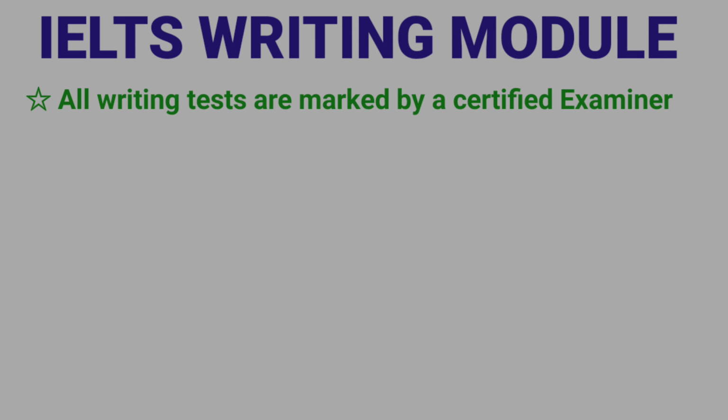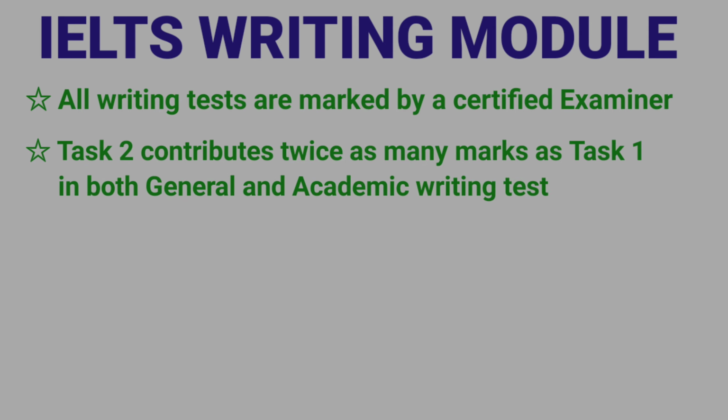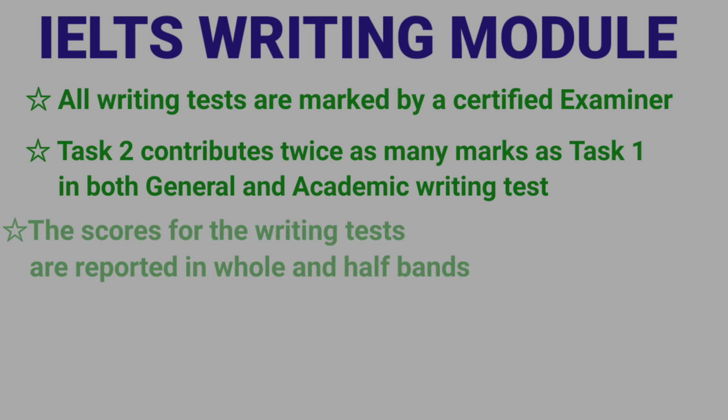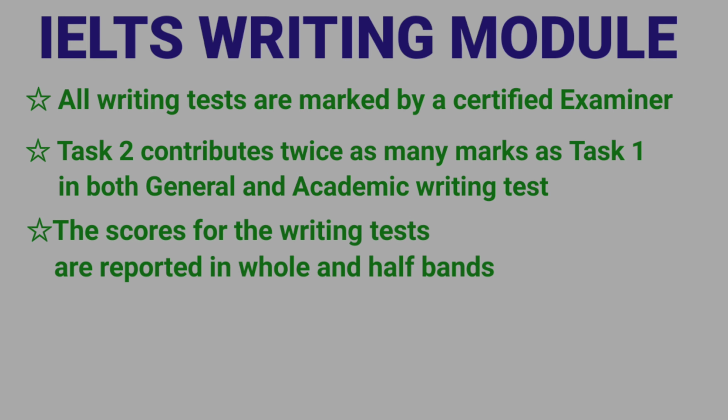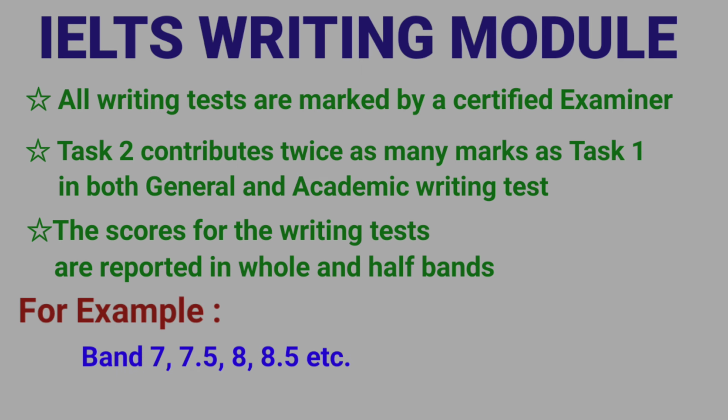Another point is, task 2 contributes twice as many marks to your overall score as task 1 in both general and academic writing tests. The scores for the writing test are reported in whole and half bands. For example, band 7, 7.5, 8, 8.5, etc.